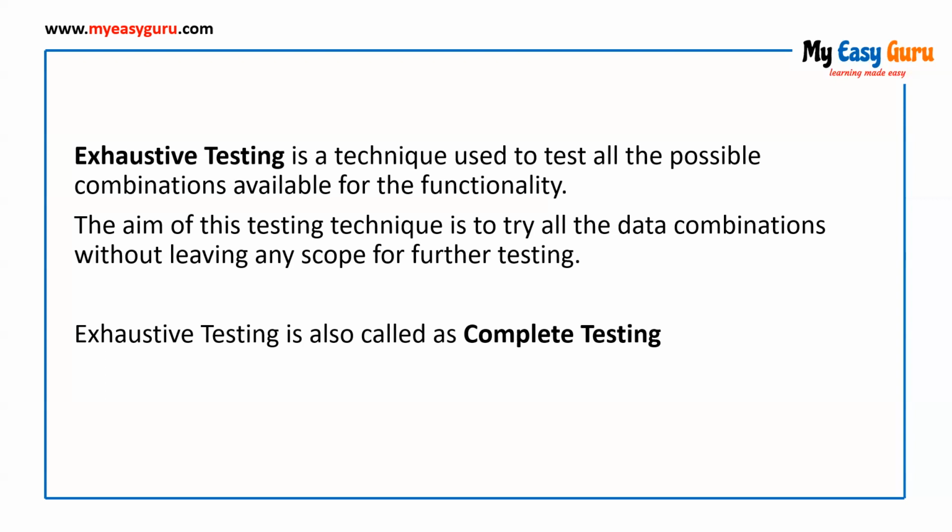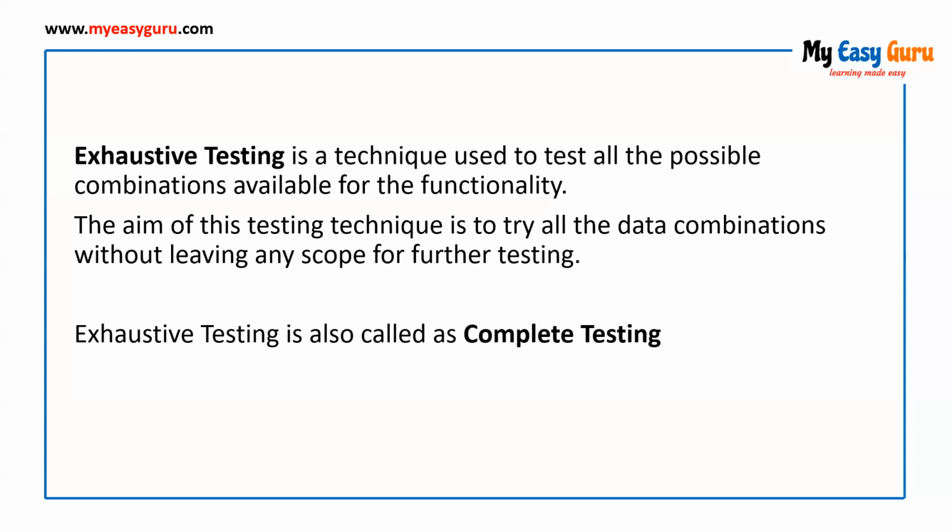While doing this exhaustive testing, you have to remember one thing, that exhaustive or complete testing is not possible. There are different reasons. So let's understand what these reasons are. The first one is it is time consuming, then it is complex, and practically exhaustive testing is not possible.